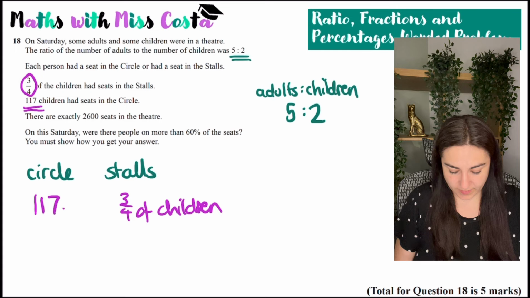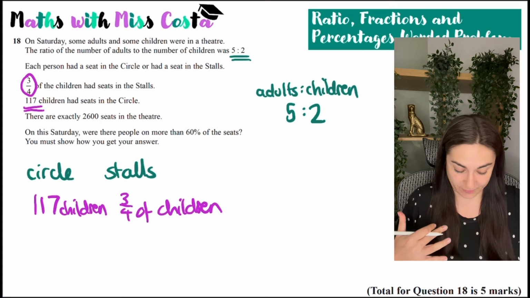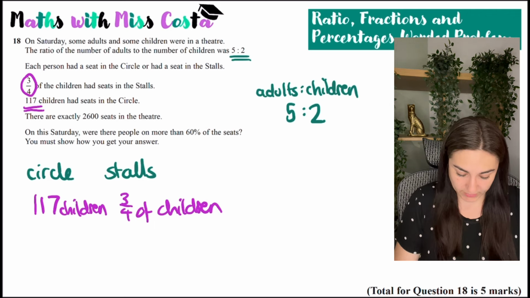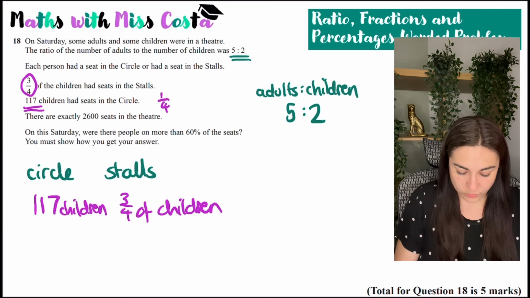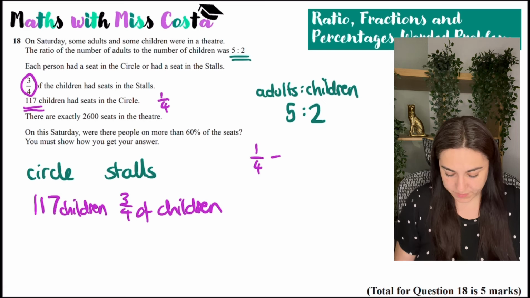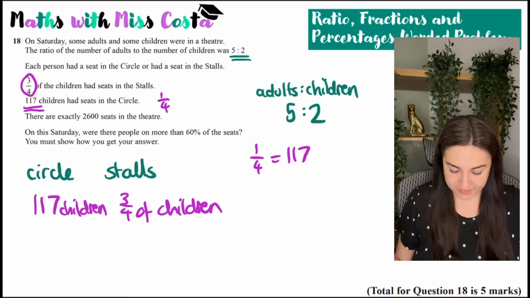So it's quite a tricky question because there's a lot that you need to extrapolate from here. But if 3/4 of the children had seats in the stalls, that must mean that 1/4 of the children had seats in the circle. So I know that 1/4 is equal to 117.